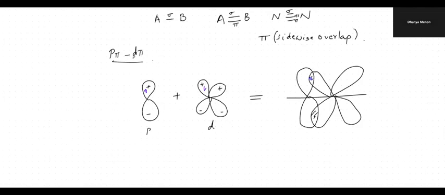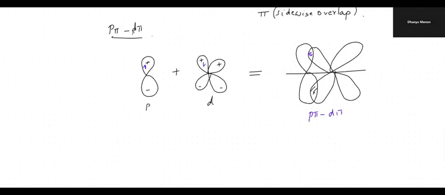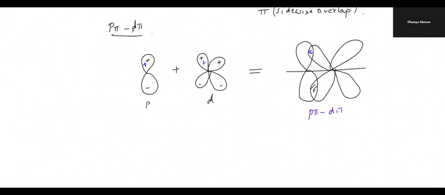And this is p-pi d-pi bonding. So when p orbitals overlap with the d orbitals, both of them half filled with electrons of opposite spin, they overlap to give you p-pi d-pi bonding. So this is an example.